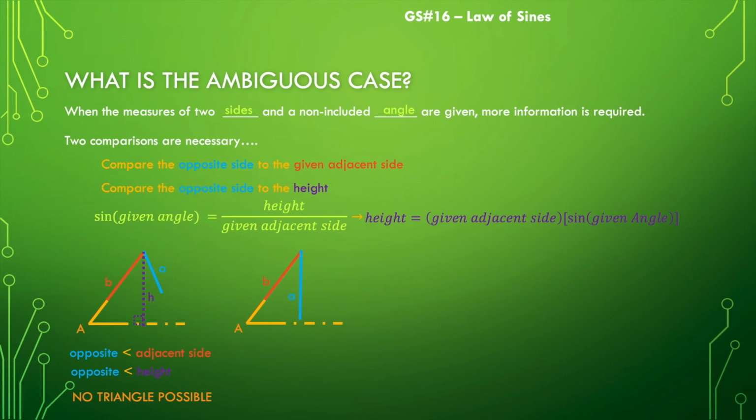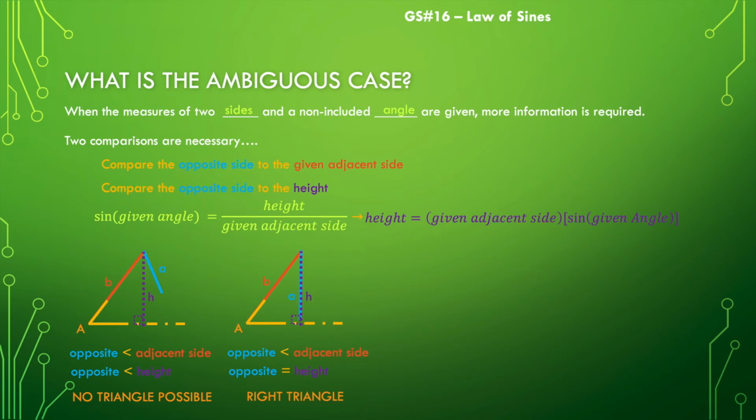Here is our opposite side, side A, and here's our height. And the length of our opposite side is still shorter than the length of our adjacent side, but the length of the opposite side is exactly the same as the height. And if that's the case, we do have a triangle, and in fact, it's a right triangle.